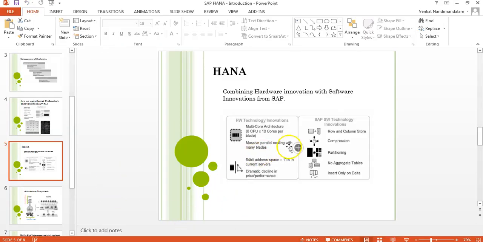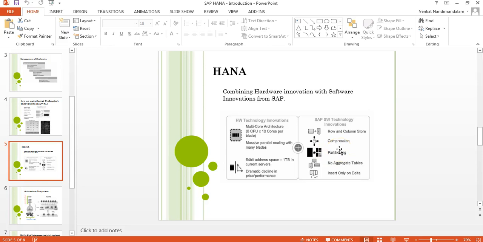Let's go back here. We discussed the software innovations we have got, which means you have both row structure and column structure available in HANA. Because of the column structure, you are going to get a lot of compression when you move data from your traditional database to HANA. Then, with all the multi-core CPU technology that we have in HANA, you are going to get a lot of partitioning available.